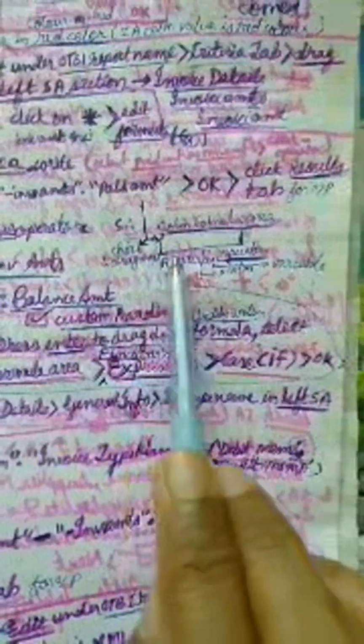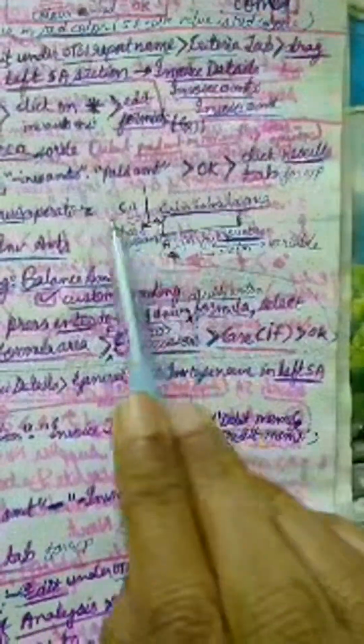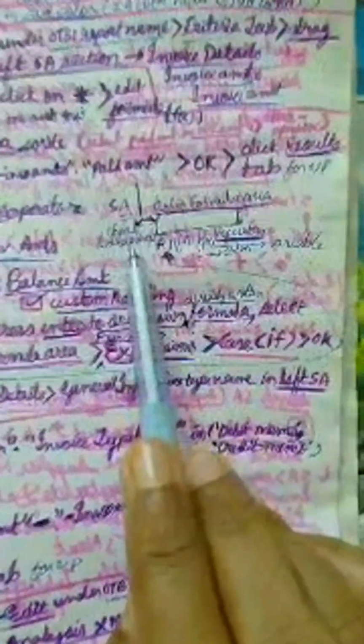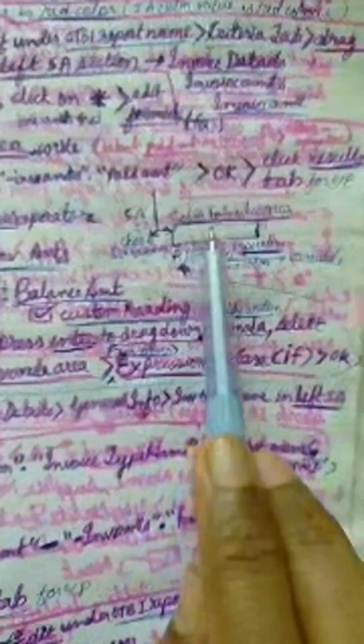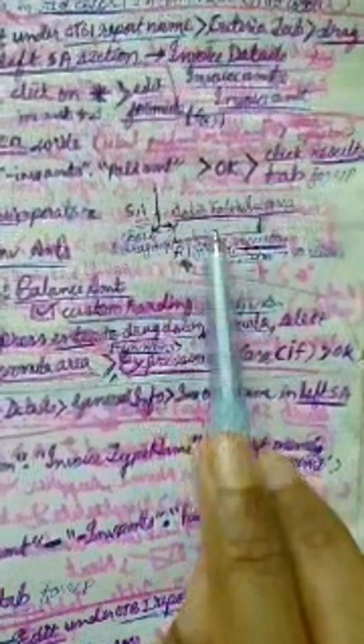On the left hand side we have all the subject areas, to select measures and respective dimensions and attributes, facts and measures through the subject area section. Then on the right side we have the column formula area, where we write the formula.